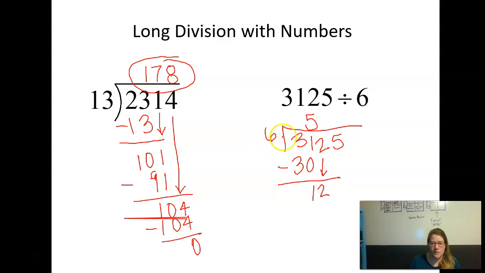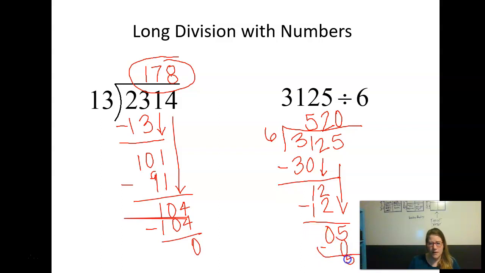Now we're starting over a little bit, so 6 goes into 12 2 times, so we'll put a 2 up here, and 2 times 6 is 12. Subtract it from the one above, we get 0, and bring down our 5. All right, 6 goes evenly into 5 0 times, so I'll put a 0 up here, and then multiply them to get 0.